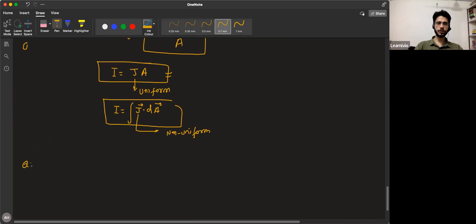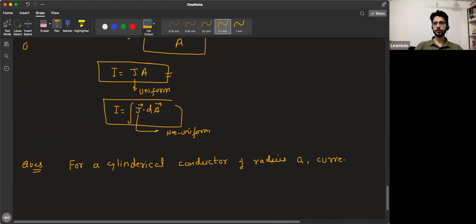So the question based on this expression is, for a cylindrical conductor of radius A, current density is J equal to some kx.